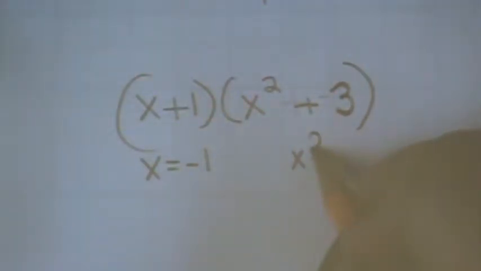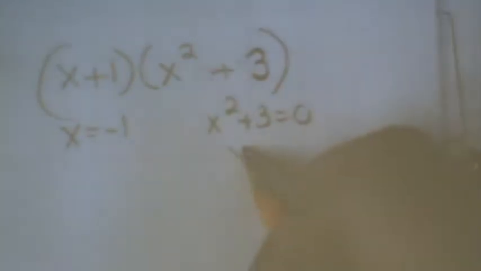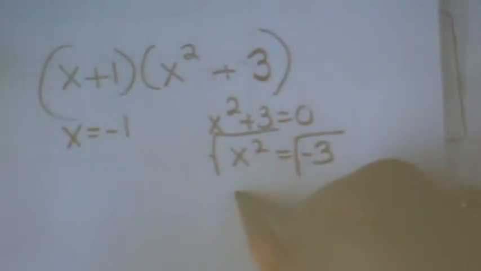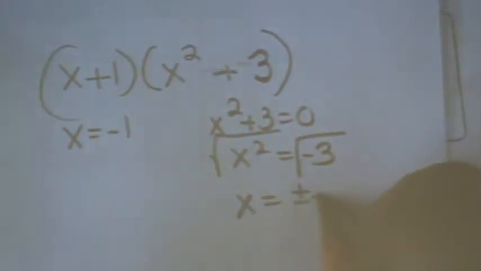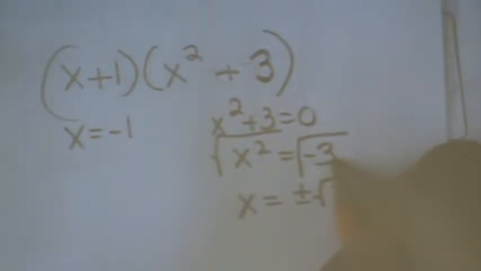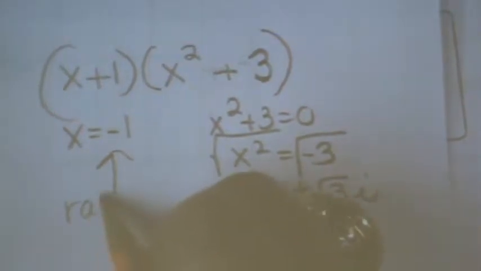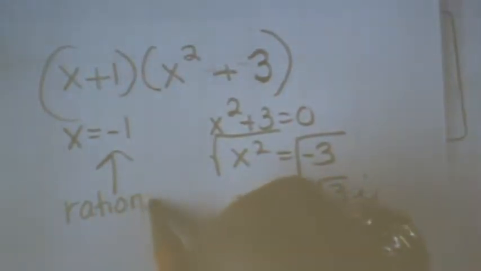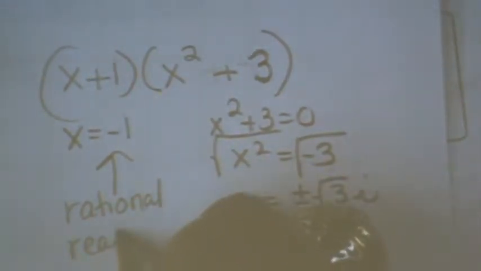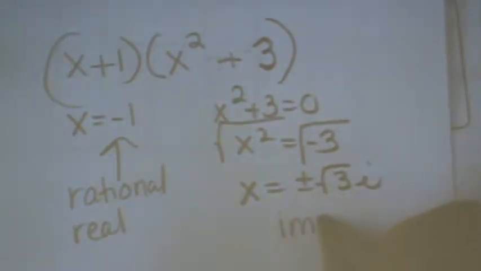Now this one, x squared plus 3, you're going to set this equal to 0, and what do I do? Square root. Well, now you have a negative under the square root. Plus or minus the square root of 3i. Well, what kind of answer is this? Imaginary. It's imaginary. So this is a rational, real number. This is imaginary.